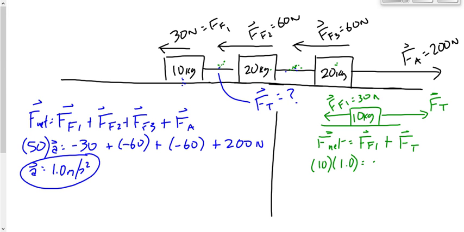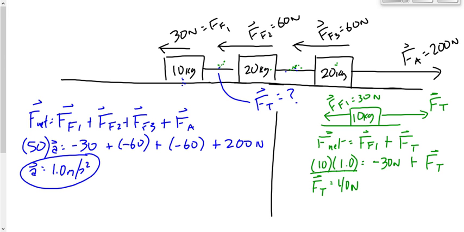Yeah, we're going to make it negative 30 because it's acting to the left. I don't have to label it as negative on my diagram because the arrow shows the direction. In my math, the negative shows the direction. We add that to FT. 10 on the left side, add 30 to that, it gives me a tension of 40 newtons.